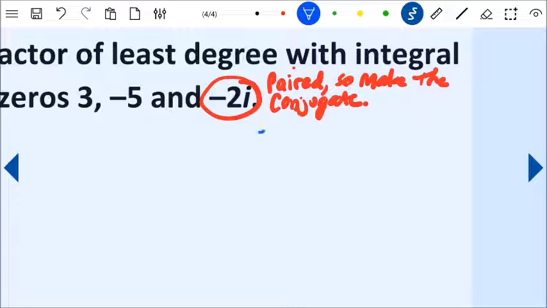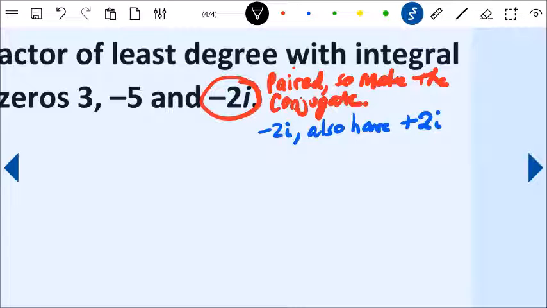So if you have negative 2i, then you also have positive 2i. So as another example, if we had 7i, we would also have negative 7i. Or if we had negative 23i, we would also have positive 23i.